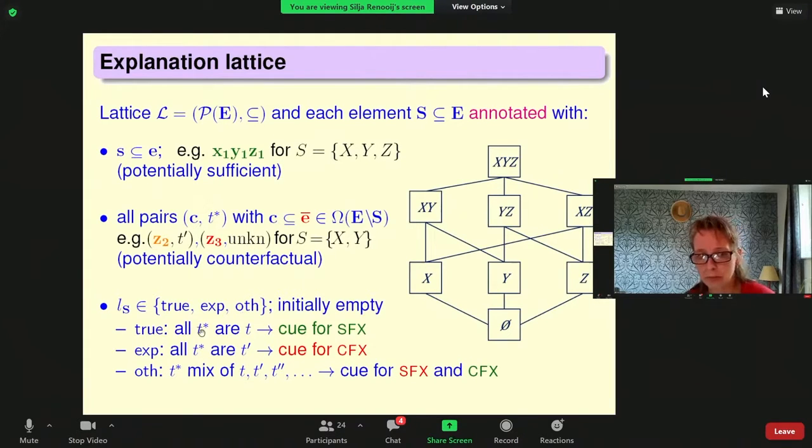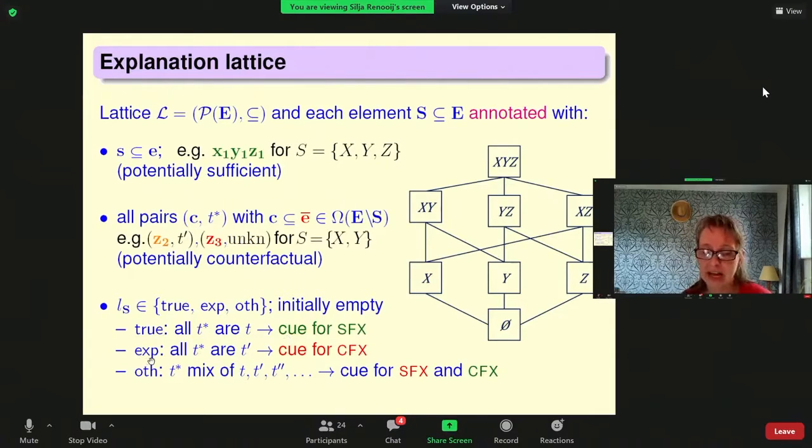True means all the computed outcomes of all those potentially counterfactual explanations are true. So these are not counterfactuals, but actually indicate that there may be sufficient explanations, either here or further down in the lattice. So it's basically a cue for continuing the search for sufficient explanations.